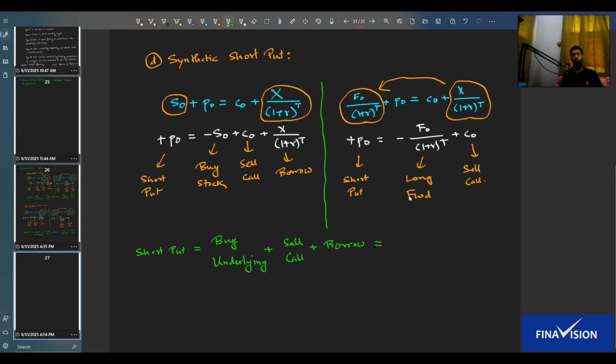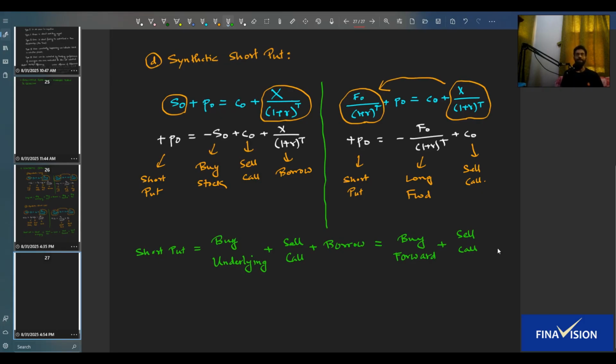This is also equal to long the forward contract or buy the forward contract. Long and buy mean the same, sell and short mean the same, plus sell the call. Buy the forward and sell the call, right? So we have created the long call, short call, long put and short put positions.